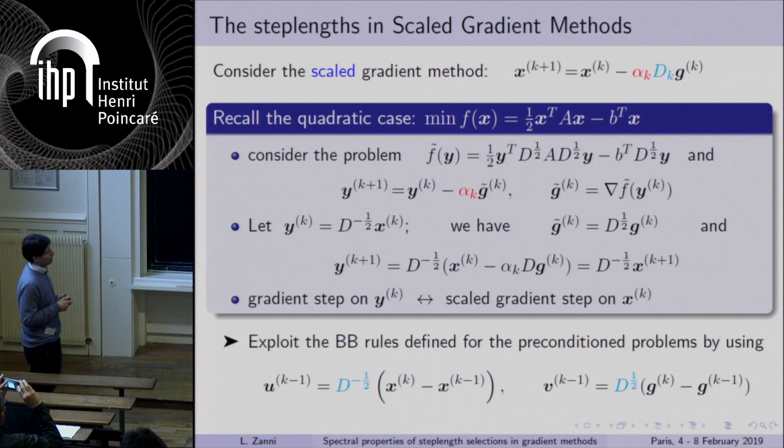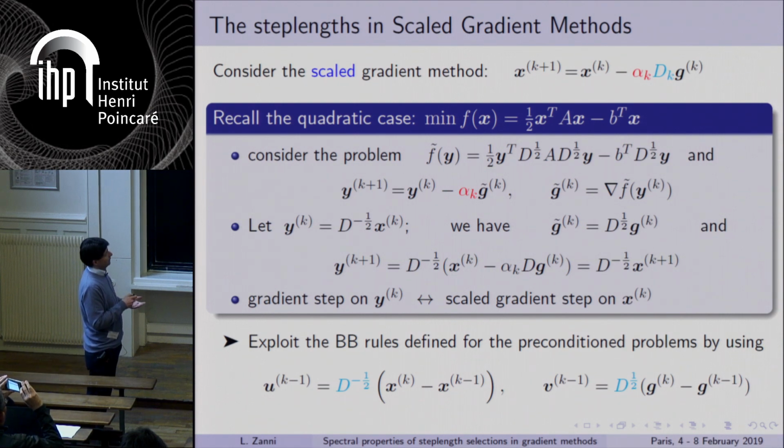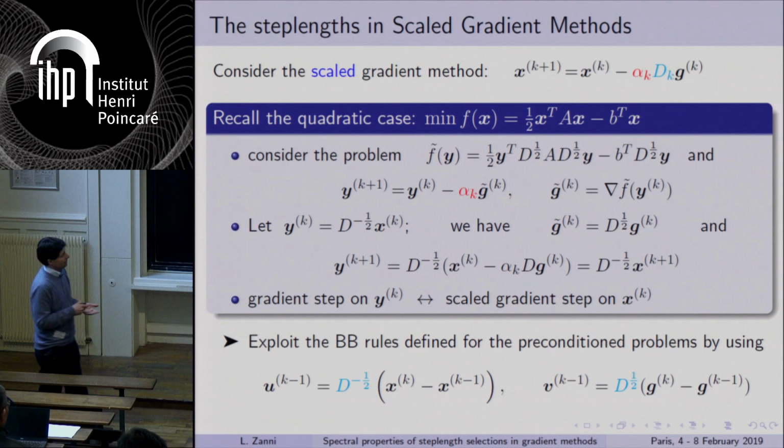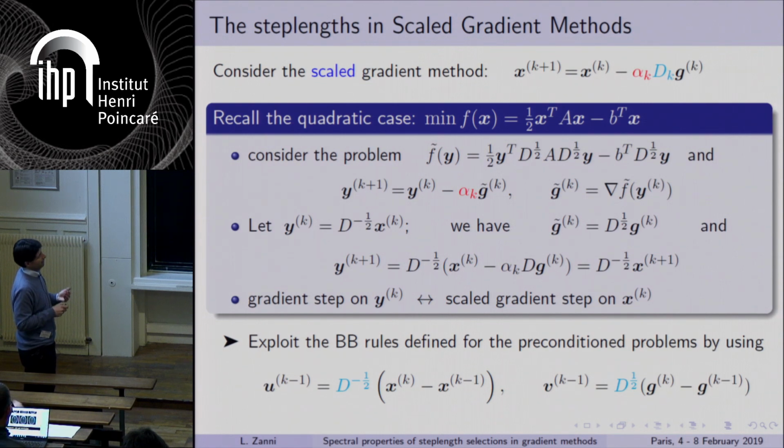And in this case, the consideration is this. If I perform a scaled step on my original problem, this one, then I observe that this is equivalent to performing a non-scaled step on a preconditioned problem. Okay? In the sense that the new iteration that I find with the scaled step in the original problem is related to the new iteration that I find with the non-scaled step on the preconditioned problem by this formula.